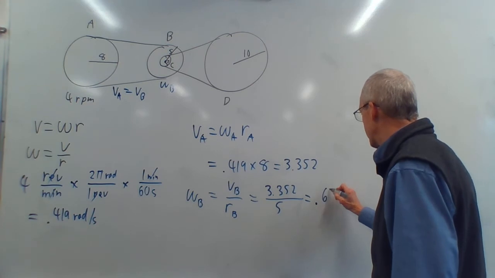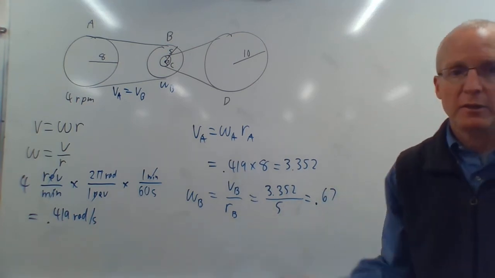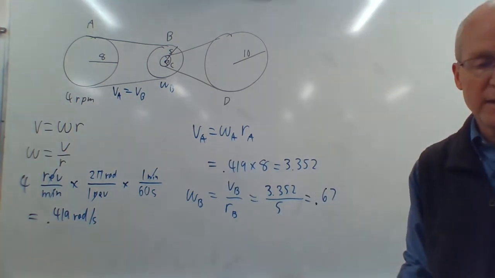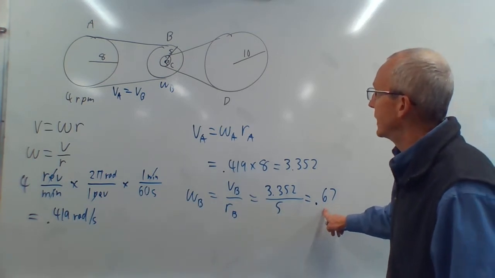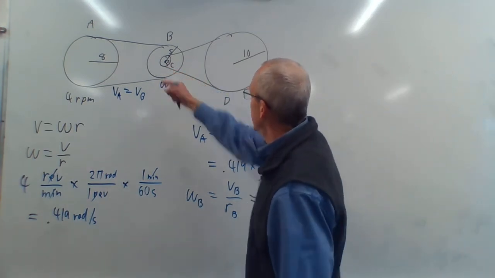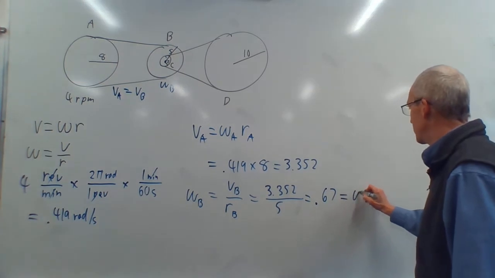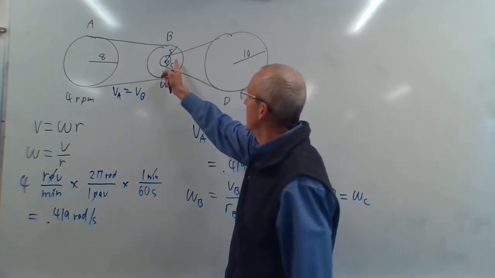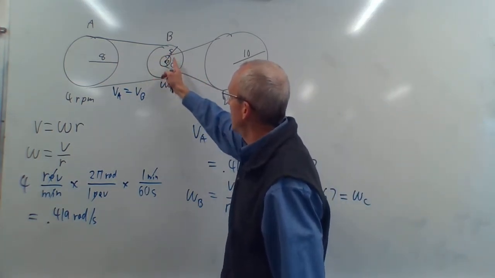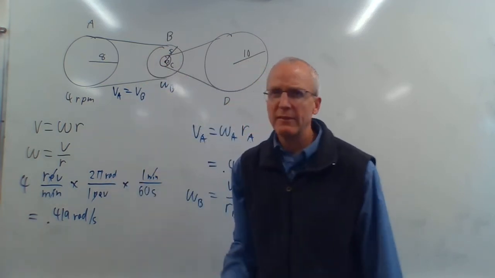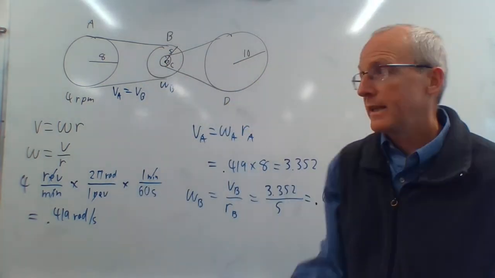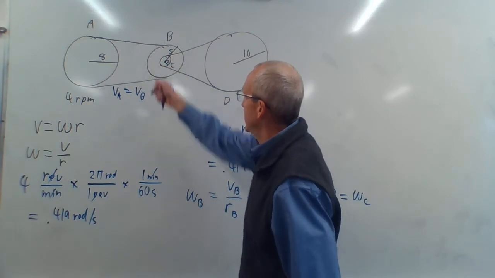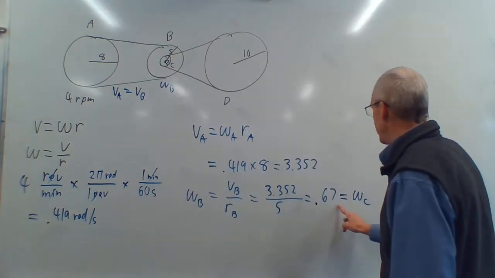So 0.67 radians per second, which I know because it's omega, because we have those units. Which means omega C is 0.67, because they're connected. If B is going 0.67 radians per second, so is C, right? They spin together. So now I know omega C is that.